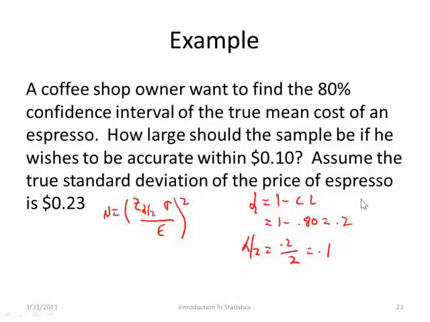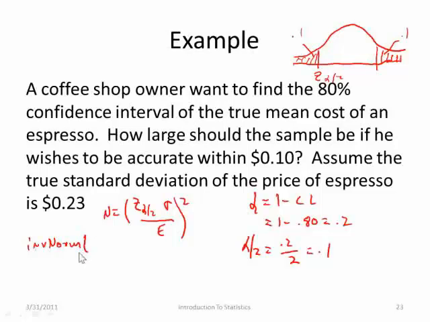So now we have an option as to computing our z-score. Remember, under the standard normal table, this lower-tailed area and this upper-tailed area are both going to be 0.1. So we need to get this z alpha over 2. Either A, you can look it up in the table, or B, you can use the built-in inverse norm command.